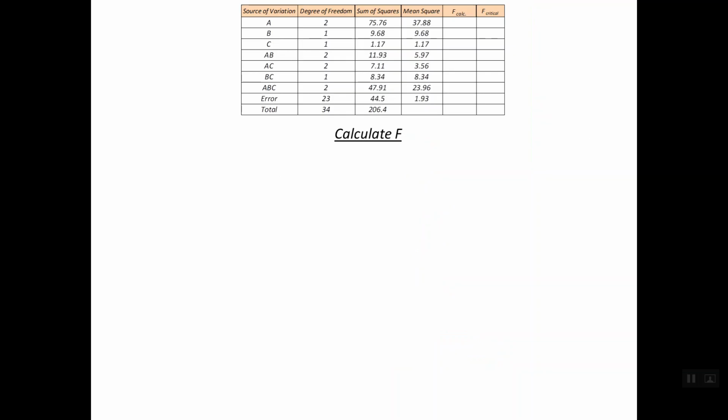How to calculate for F? Simply we divide the mean square by the mean square for the error. So for factor A, the value of the calculated F is equal to the mean square for factor A divided by the mean square for the error, and it is simply 19.63.